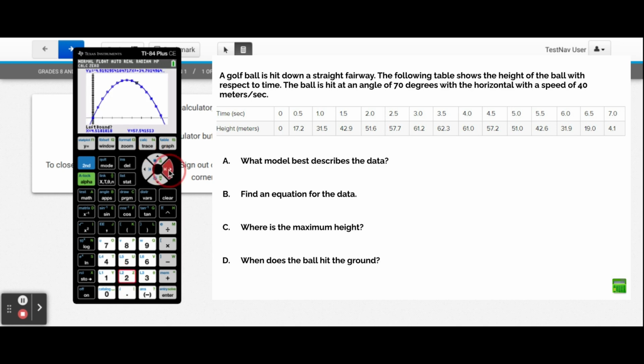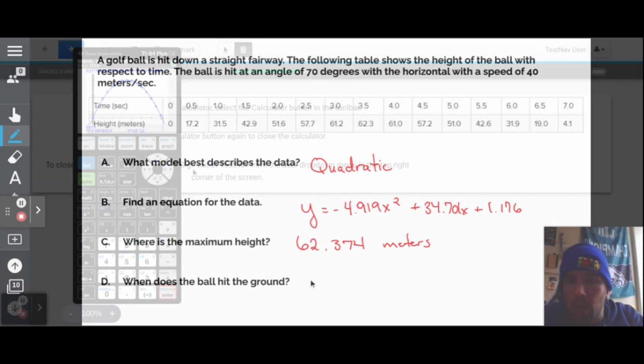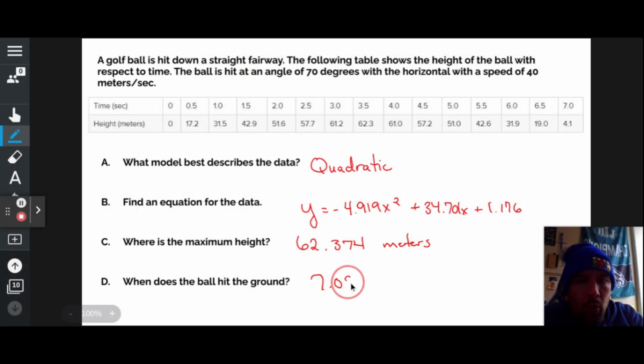So move to the right just a teensy bit, hit enter, cross the x-axis, there we are, hit enter, and my zero appears to be 7.0878, so I will call that 7.088 seconds. And 7.088 seconds is how long it took.